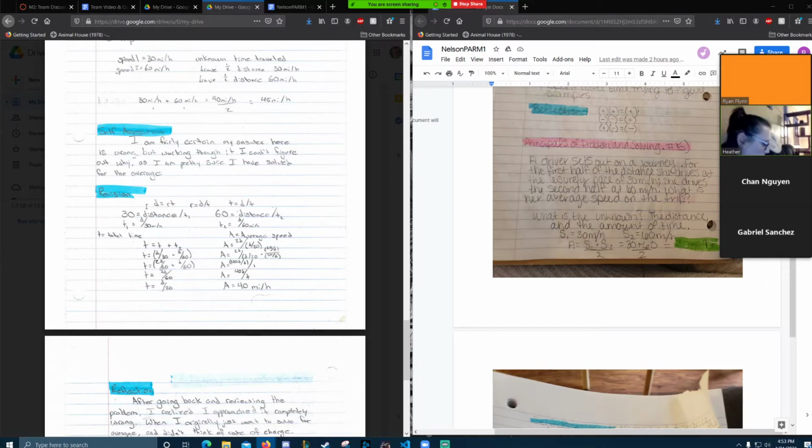Distance over T1. I wouldn't have caught that. Okay, distance equals rate times time. Let me know when you're ready, and I'll change it. Go ahead. I just want to make sure you had everything written down you needed.